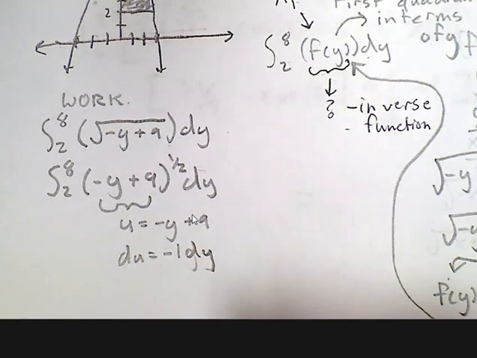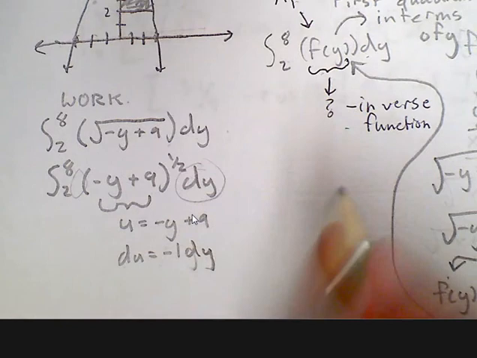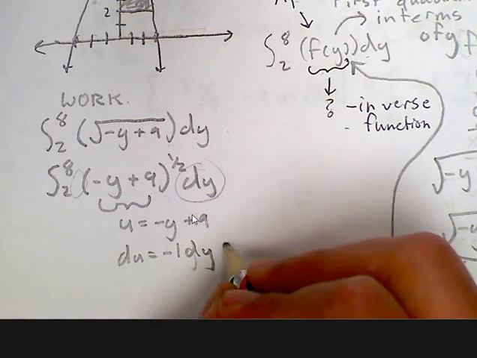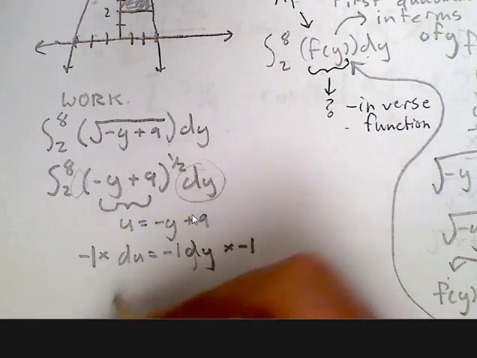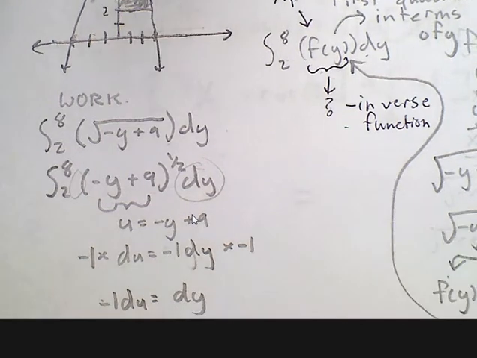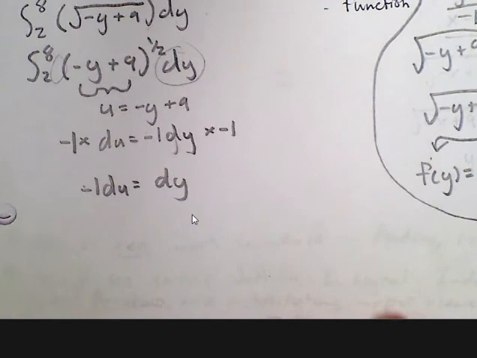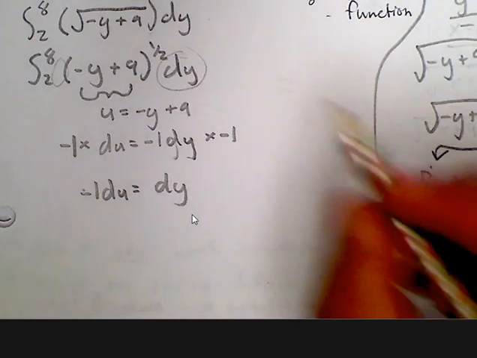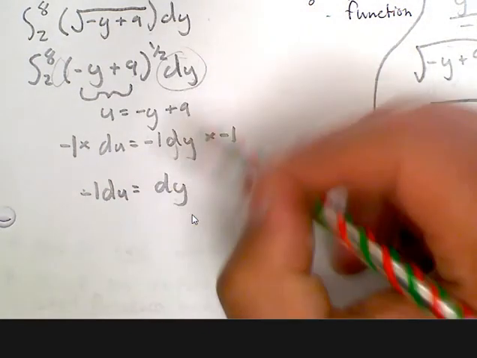But it doesn't match up, because there's no negative 1 out here, there's just a dy. So I'm going to multiply both sides by negative 1. Now there's a negative 1 du equals dy. I'm almost done here. My u matches here, and my negative 1 du matches dy.